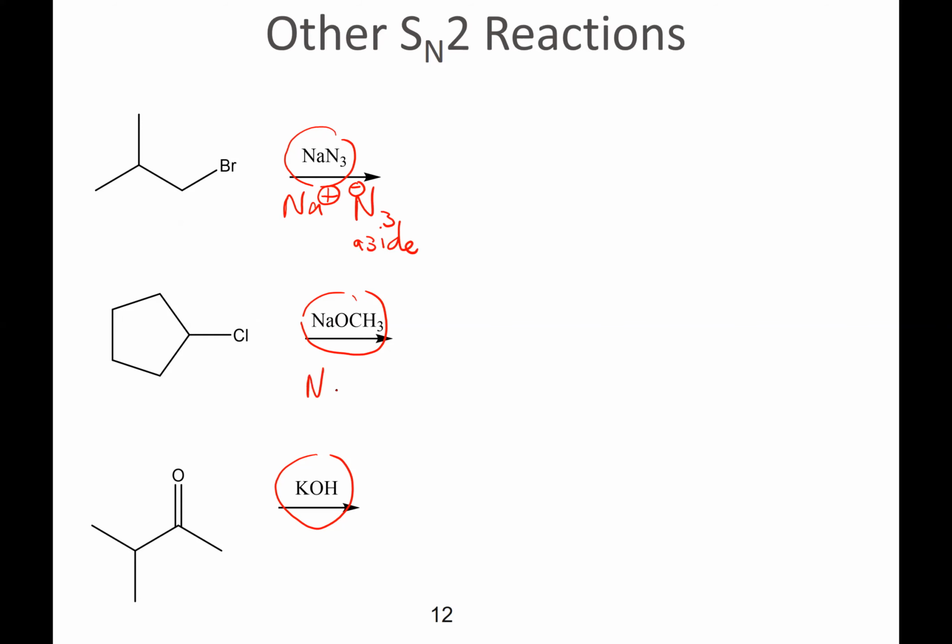This would be sodium OCH3 minus, and this would be potassium hydroxide, right? So I think it's easy, once you recognize these are ionic compounds, that the nucleophile here is azide, the nucleophile here is CH3O minus, and the nucleophile here is hydroxide.